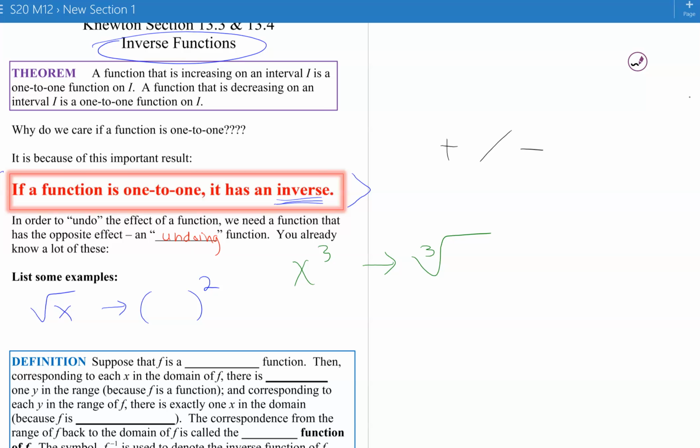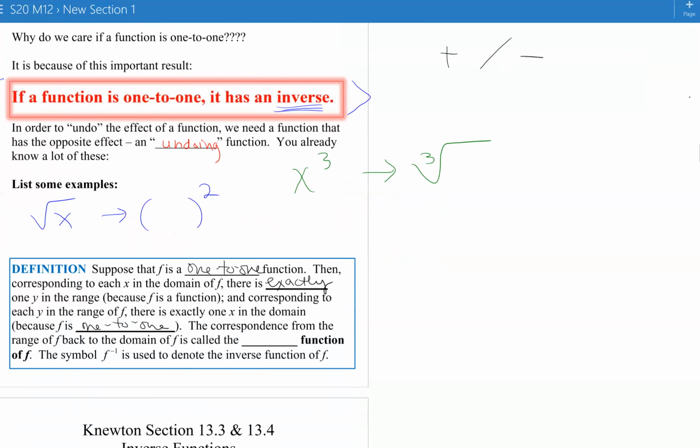So suppose that f is a one-to-one function, then corresponding to each x in the domain, there is exactly one y, and corresponding to each y, there is exactly one x, and this is because the function is one-to-one.